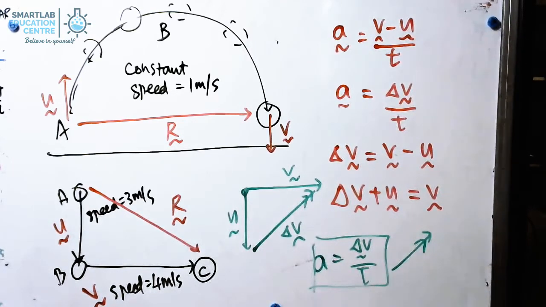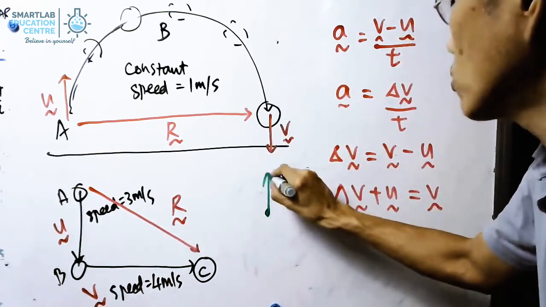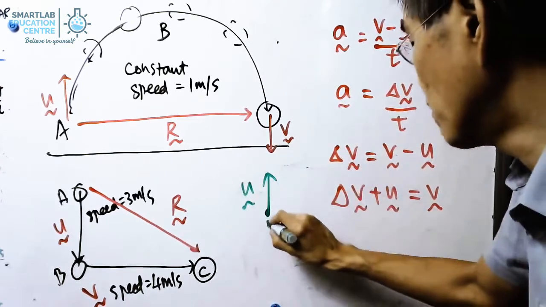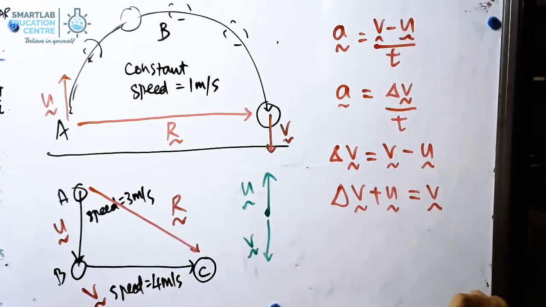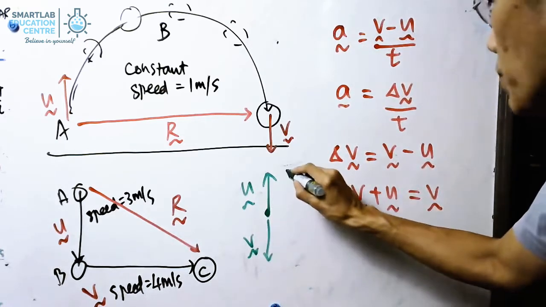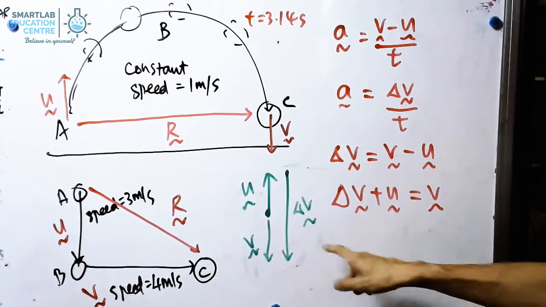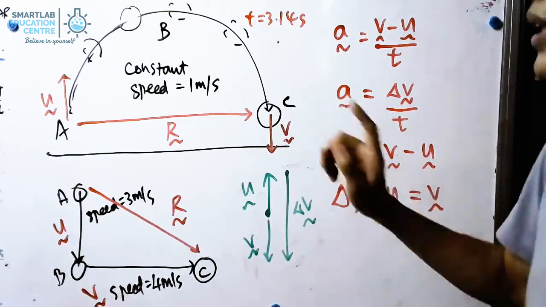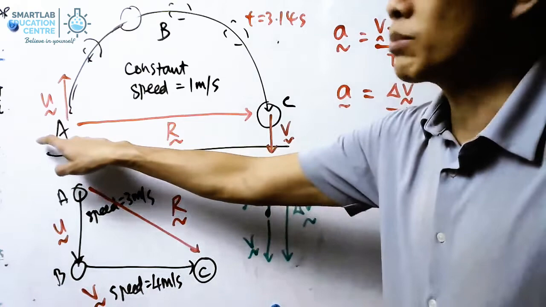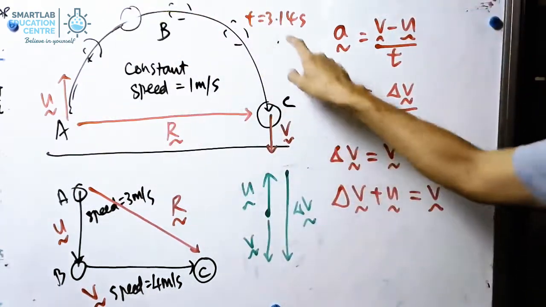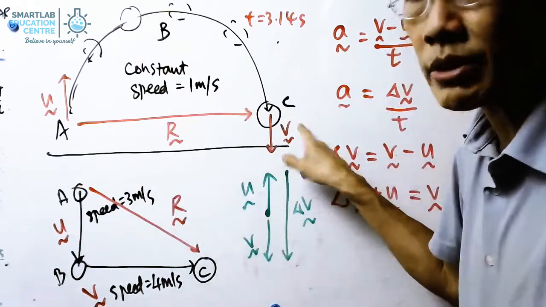Okay, let us now apply this for this example. So u is going up while v is going down. Hence, in this case, the change in v will be in this direction. Okay, so with that understanding of the vector diagram, we will now calculate the acceleration for this example. We know that it takes the moving object 3.14 seconds to go from A to C, because originally the given diameter was 2 meters.